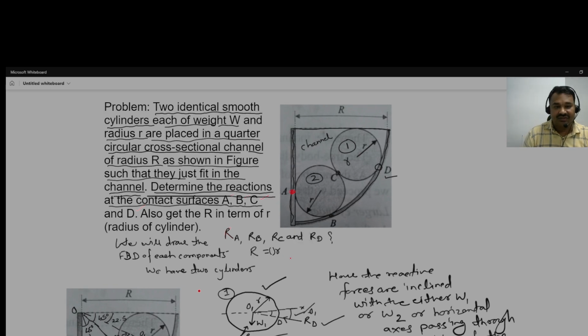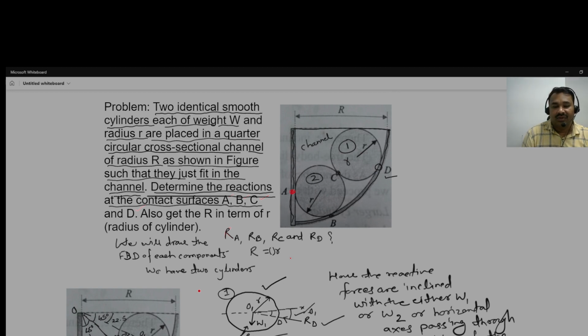So, dear students, the FBD we have drawn for this problem has two cylinders fitted inside the quarter circular section.